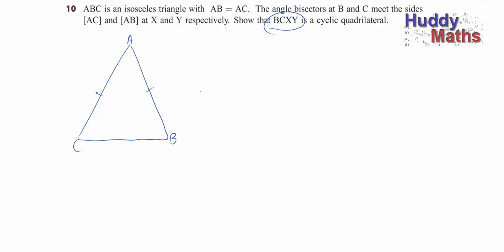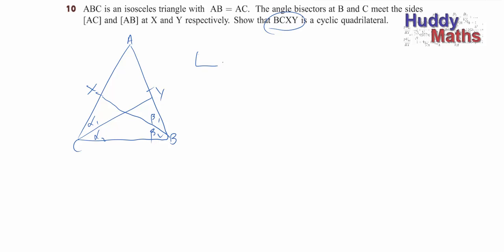The angle bisectors at B and C meet at X and Y, so we better put that in. Alpha 1 and alpha 2, beta 1 and beta 2. A good well-labelled diagram, large enough. Okay, so we'll put those in.